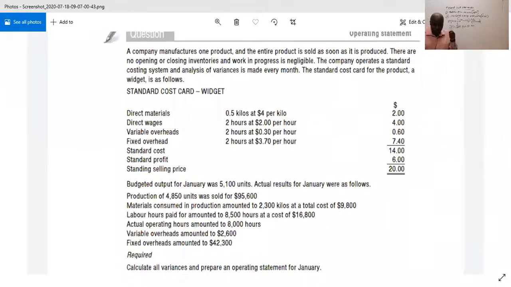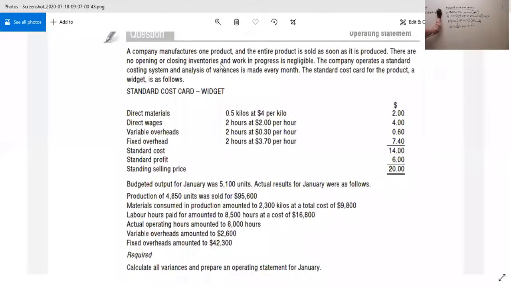And then they have given us the standard cost card for the product, which is a widget. From the pinned question, the standard cost card is giving us direct materials, 0.5 kilograms at $4 per kilogram.